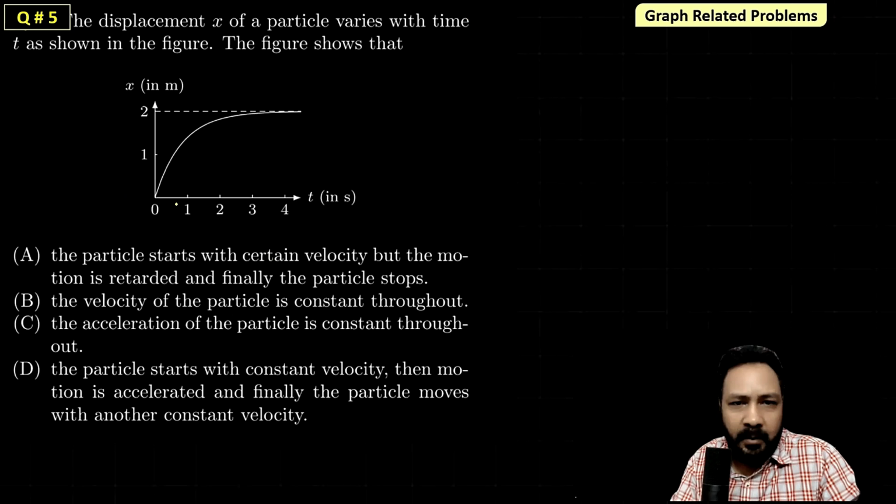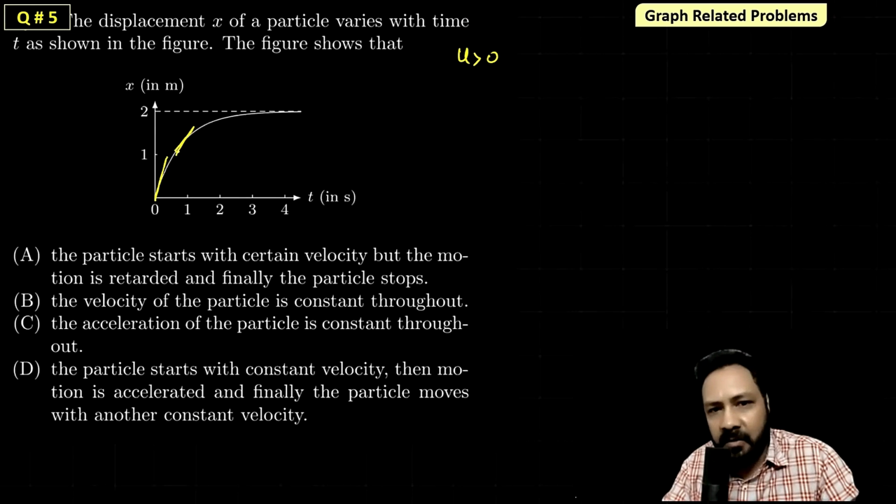In a position-time graph, the slope gives the velocity. If I make a tangent here, this is a positive slope, so the particle starts with u greater than 0. As time passes, you can see the slope is less than before. I mean, the speed decreases, decreases, decreases.